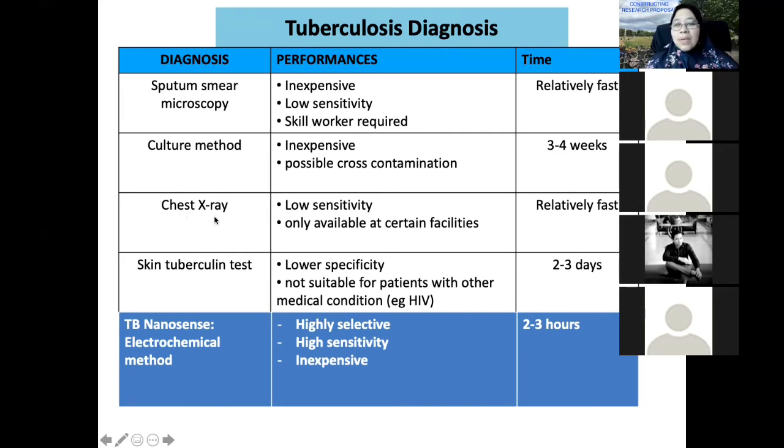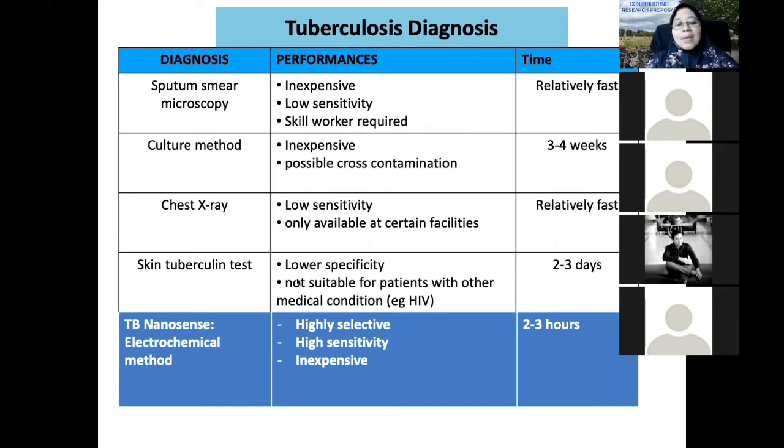Chest X-ray is relatively fast, but it might mislead you as to whether it is TB or not TB. It might be something else. So you need a very expert person to look at the chest X-ray.